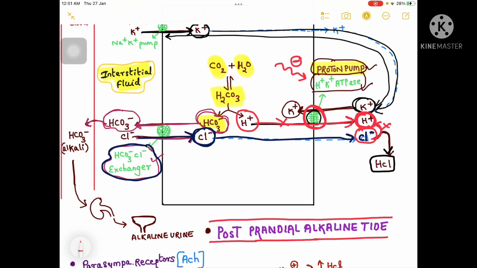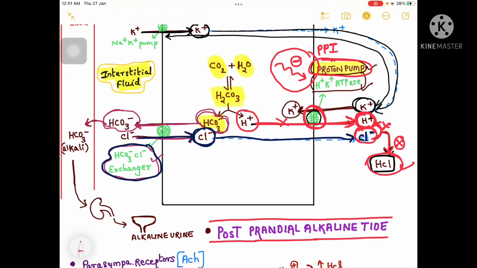When the chloride ion is not fusing with the H plus ion, the production of HCl is inhibited. So in this way, inhibiting this proton pump results in inhibition of the production of hydrochloric acid. Those drugs which inhibit this proton pump are known as proton pump inhibitors.